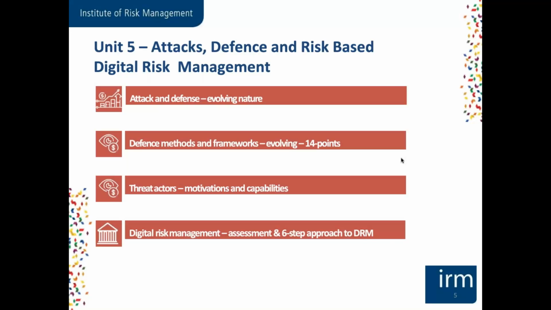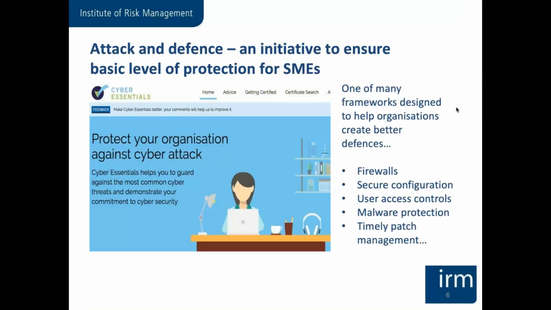So let's get going. You'll be familiar by now with the UK government-backed framework, the Cyber Essentials framework. It's one of many designed to help businesses, particularly small and medium enterprises, create better defences. And of course, it covers all the mechanisms that you will be familiar with from Unit 5, so firewalls, security in terms of configuration, access control, malware, virus protection, and timely patch management.